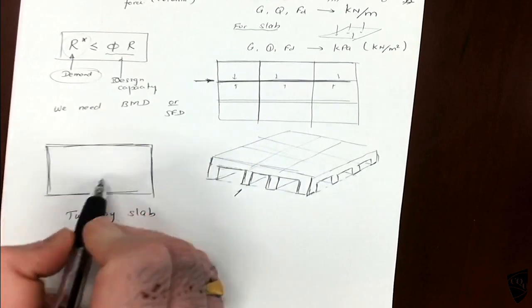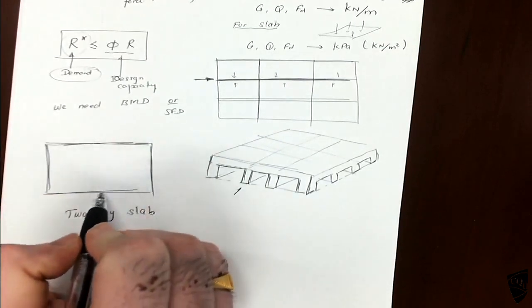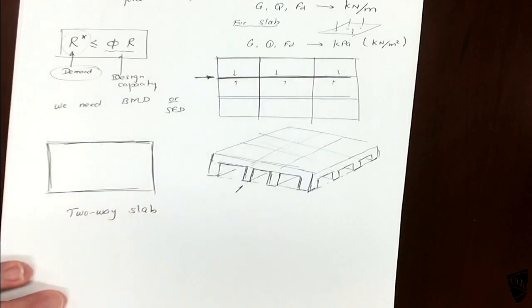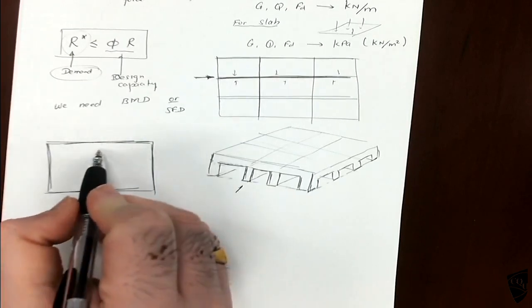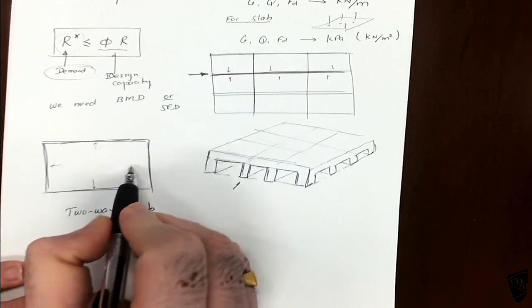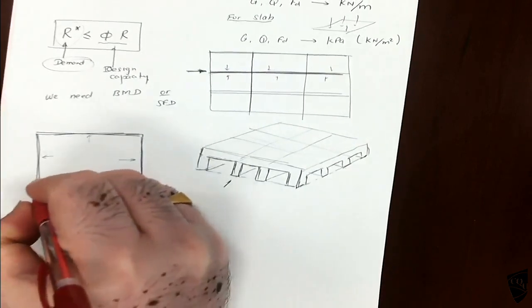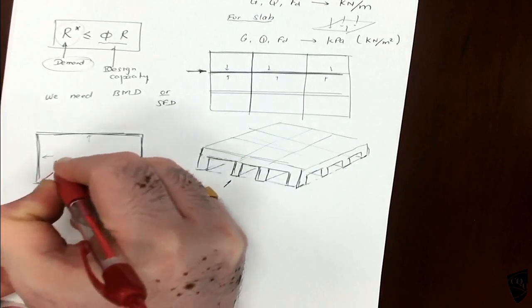The load in this slab will go to this beam, this beam, this beam and this beam. So how much will go here, and how much here? We need to find it. So what we do is draw a 45-degree line.